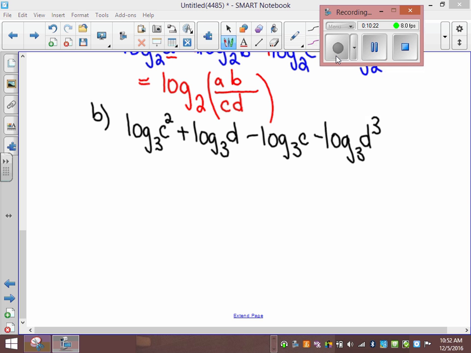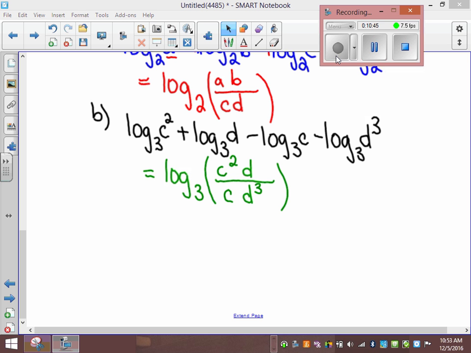So log base 3, anything that has a plus 1 in front goes to the top. Anything that has a minus 1 goes to the bottom. So c squared on the top, d on the top, c on the bottom, d cubed in the denominator. Then I say, hey, I have 1 c.